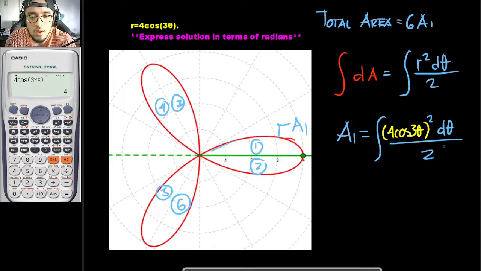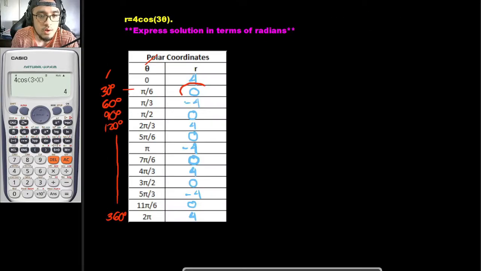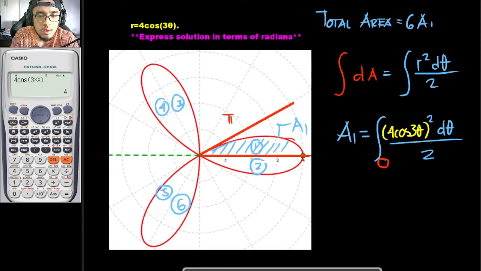But as you can see, we don't have our limits yet. So what are to be our limits? If we want to solve for this area right here only, which is area 1, our limits should be this angle right here, which is 0 degrees, 0 radians, so 0, up until this angle right here, which is pi over 6.